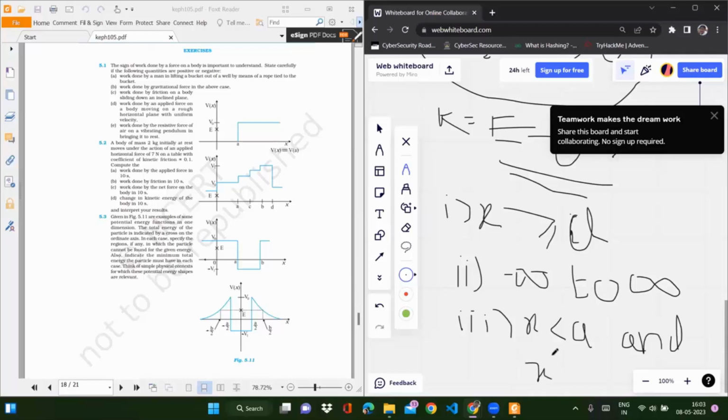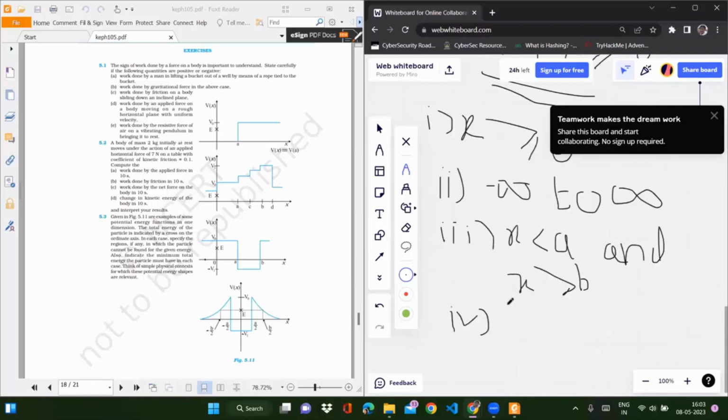Now the fourth figure. Here it is shown E. They have also given one dotted line to show up to which coordinate the energy is greater than the potential energy, and after which the potential energy is greater than the total energy.